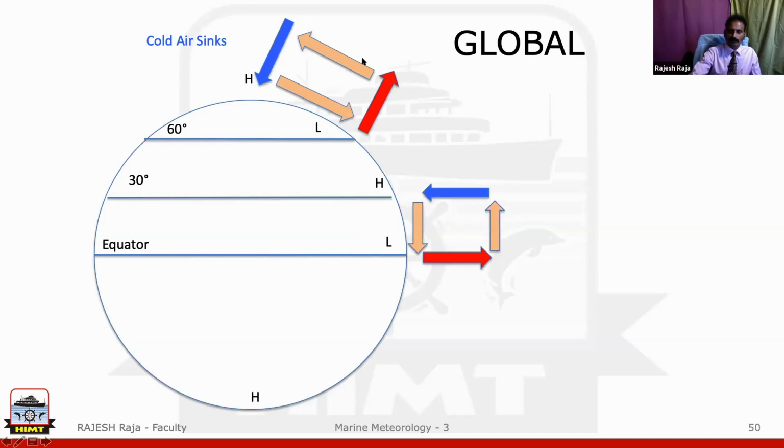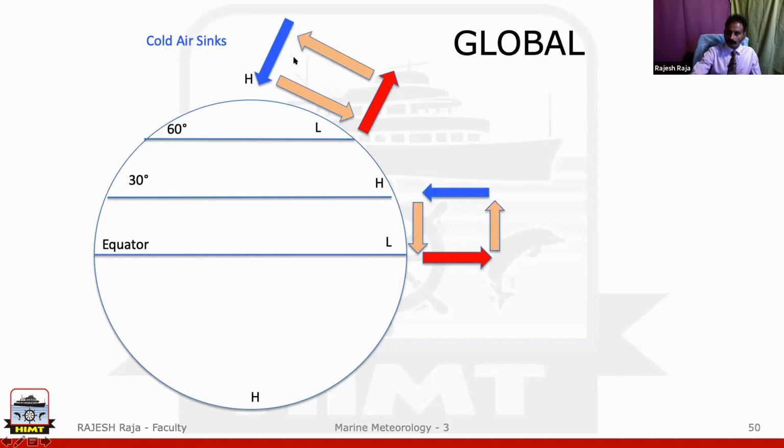Look at what is happening at the poles. What they say is the cold air sinks here, travels along the surface, but comparatively with the poles, by the time it comes to around 66 degrees, it warms up. It is again comparison. It warms up and it rises, and this forms one loop. And very similarly here, the warm air rises up here and it goes up, and by the time it reaches here, it becomes cold and it sinks, so it forms one more loop.